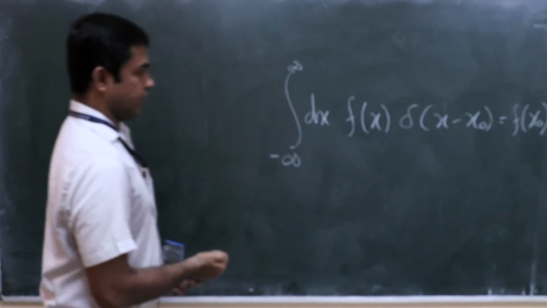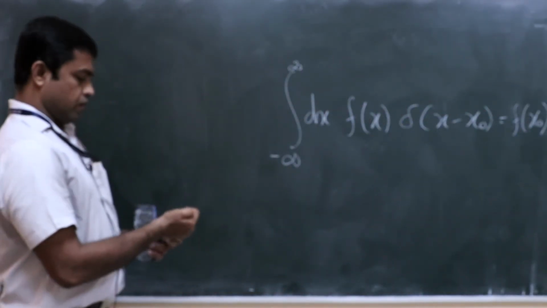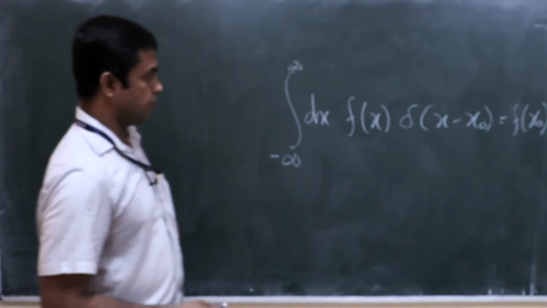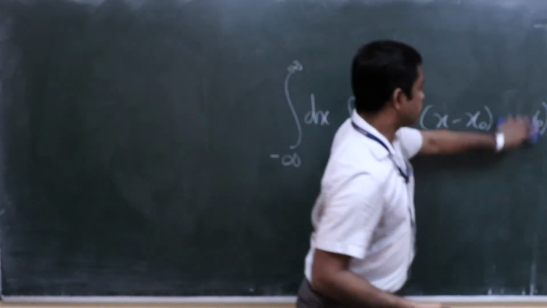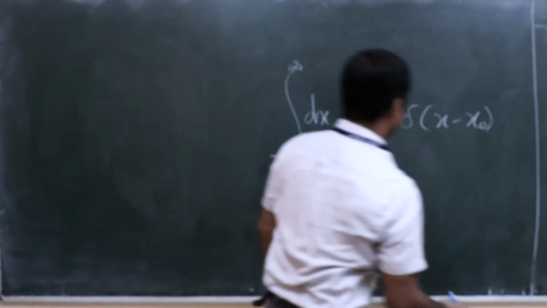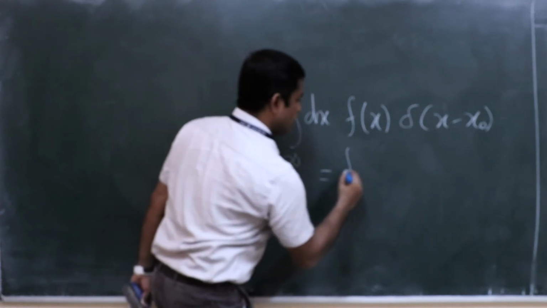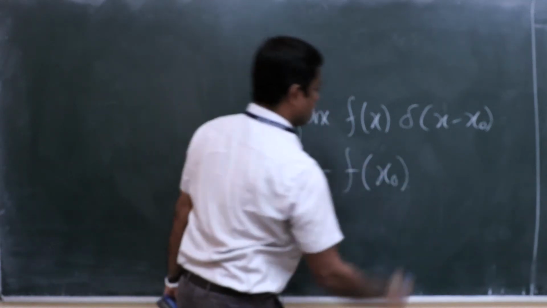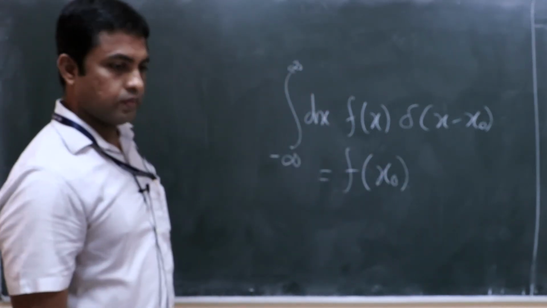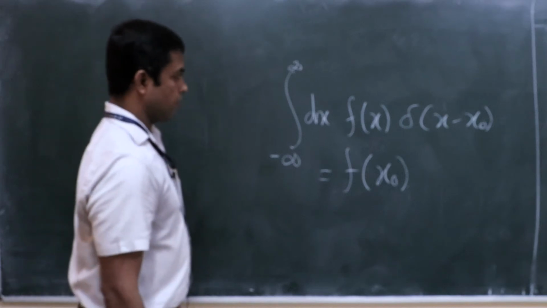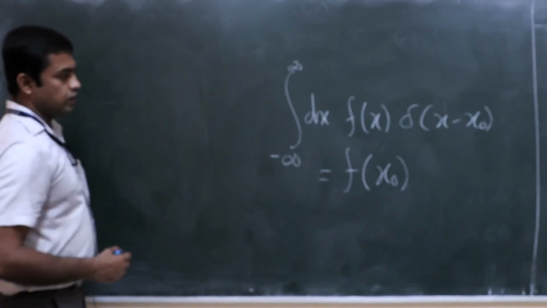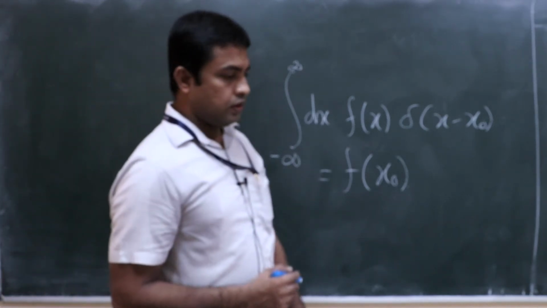This is very important. So this is equal to f of x naught. So how does it come to f of x naught?